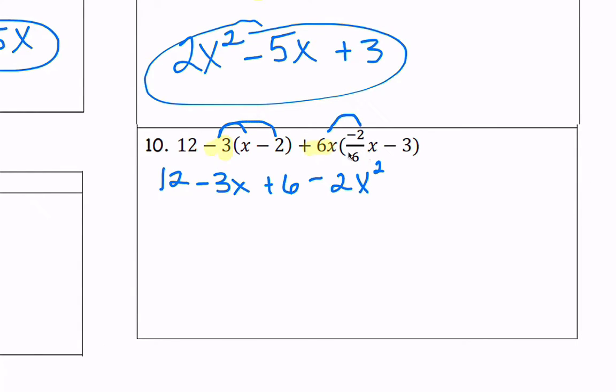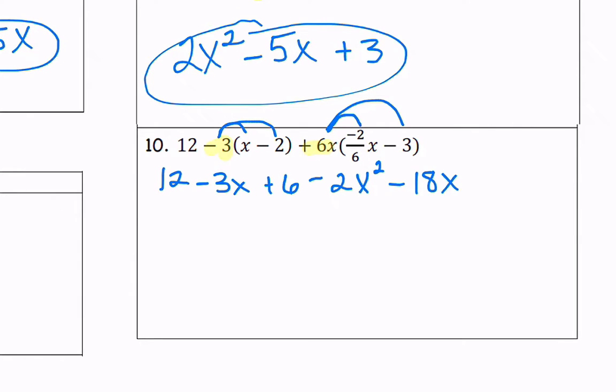So altogether, 6x times -2 over 6x is -2x squared. X times x is x squared. All right, now I'm going to take this 6x and multiply it by -3. 6x times -3 is a -18x, and there was only one x between these two guys. Only one x.